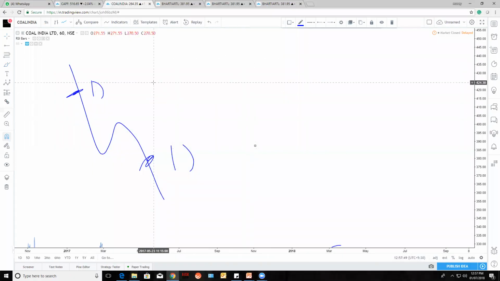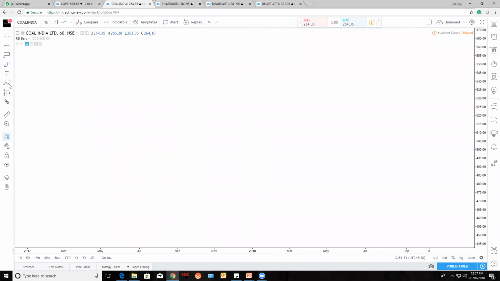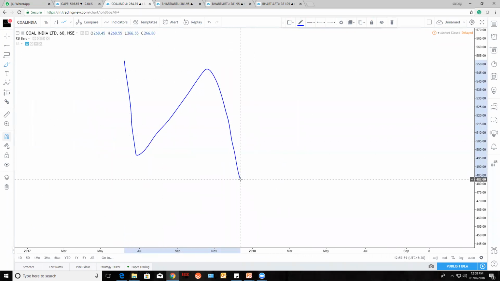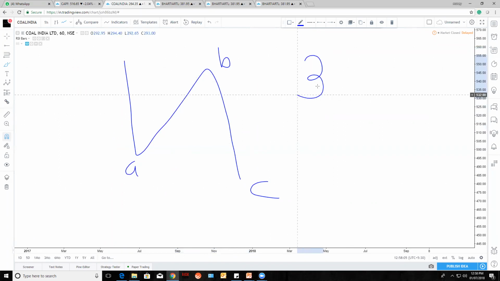Let's go. They are telling that, let's say this is a flat correction, A, B and C. Internally they are telling that the structure is 3-3-5.